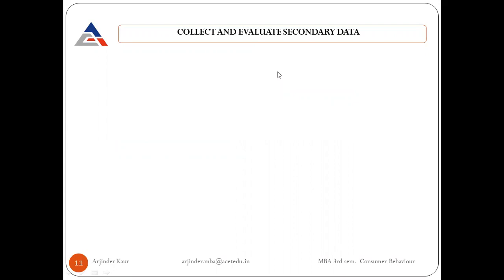Now, after specifying the research objectives, the second step would be to collect and evaluate secondary data. Secondary data is data which is not collected for the problem at hand. This is data that has already been collected by someone else, and you could make use of that data. This is the act of locating secondary data.